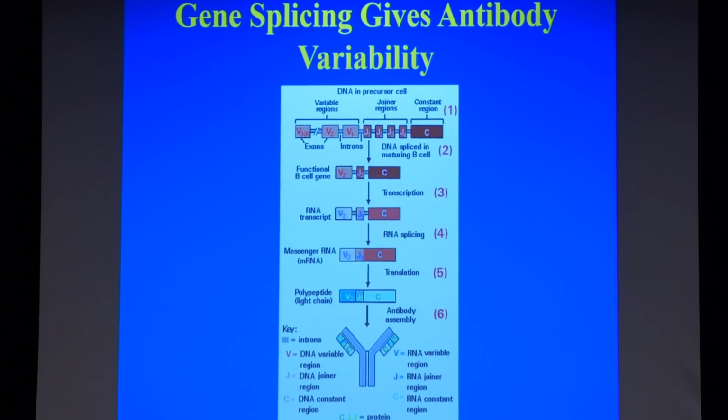You can also do this with the heavy chain, and we get even greater variability there, but it's the same story. We start combining things, and through that combination, we get an enormous number of degrees of freedom of the shape out here at the short arm of the Y. So that's where the shape differences come from.